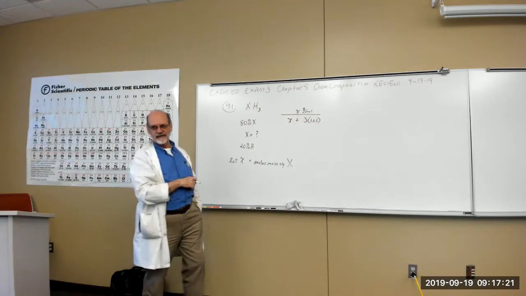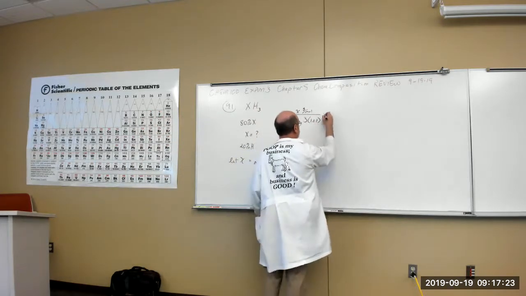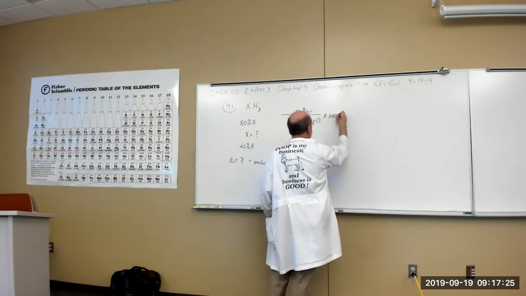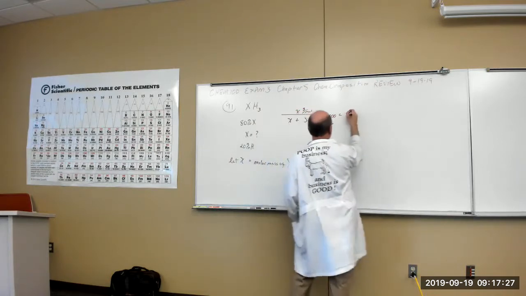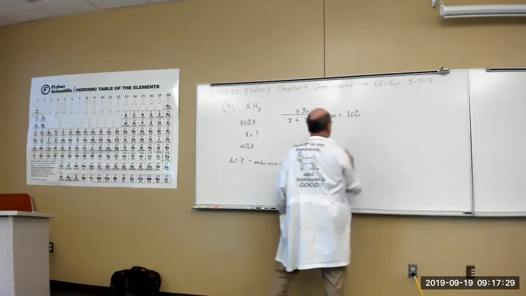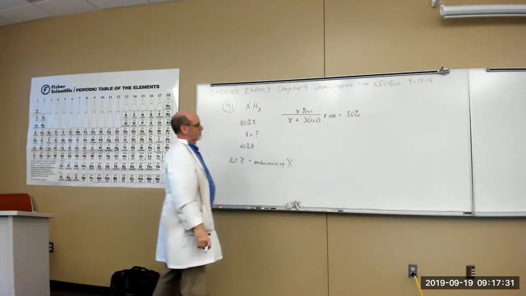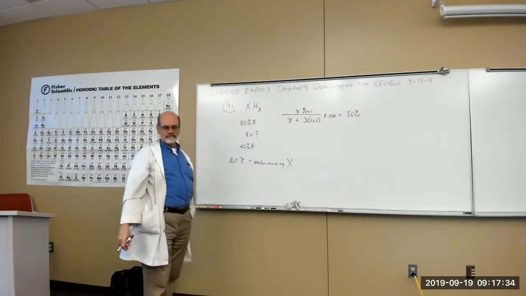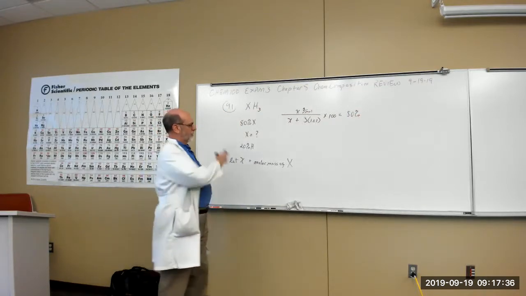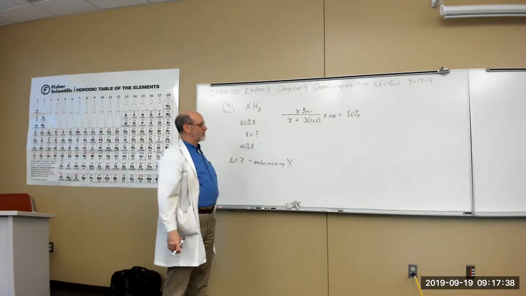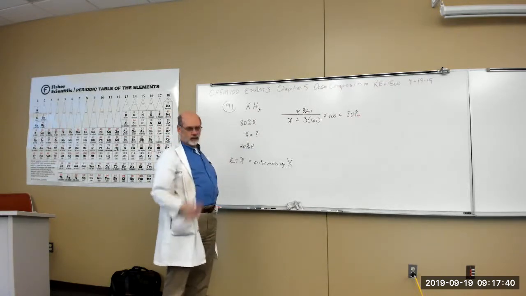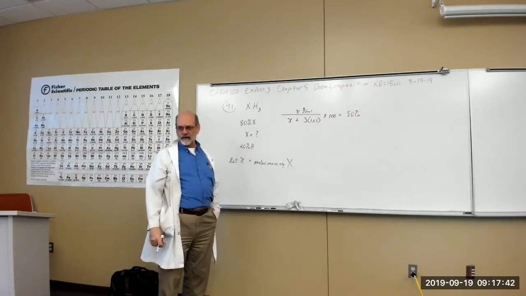Good so far? Times 100 is equal to the percent of X. There we have an equation in one unknown we can solve for X.